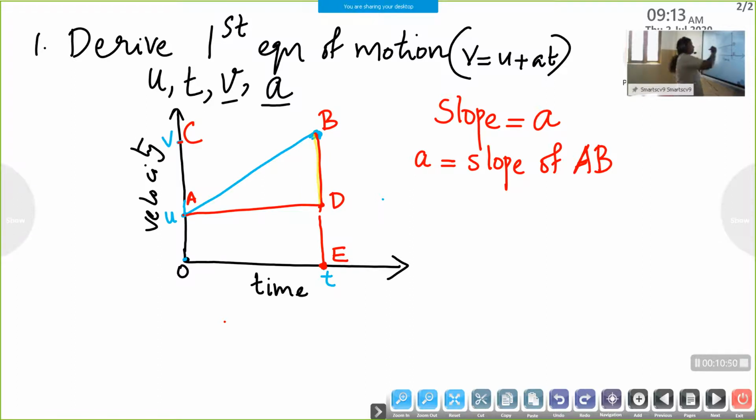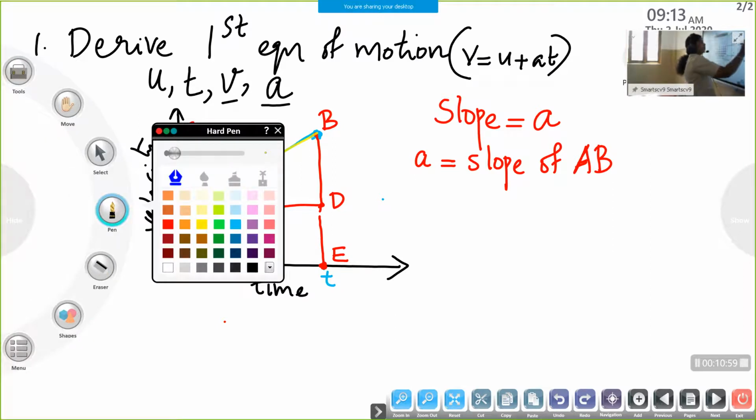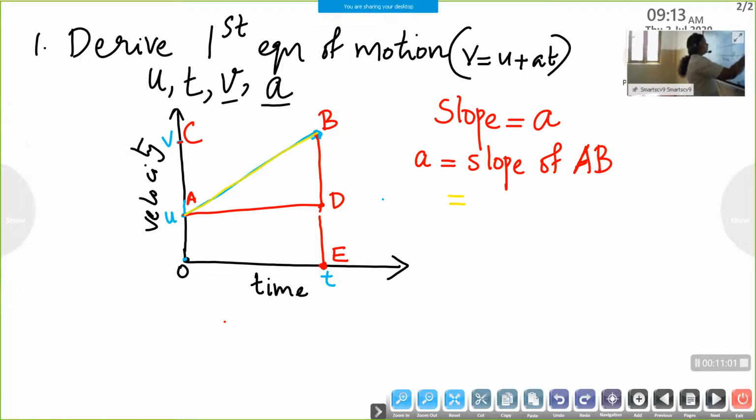How will you take that slope? Slope is equal to y by x. So what is on the y-axis? In this triangle ABD, y is BD, so BD by x-axis, what is there? It is AD. So slope is BD by AD, clear?